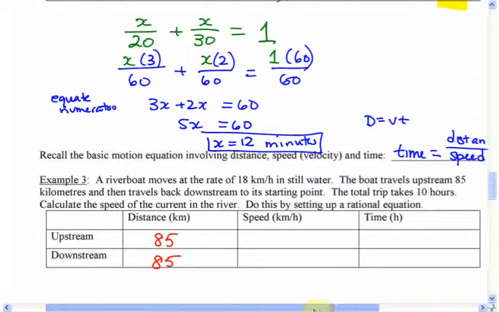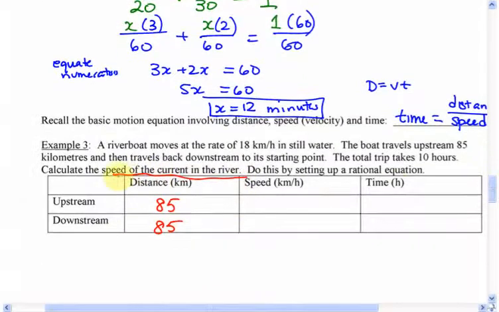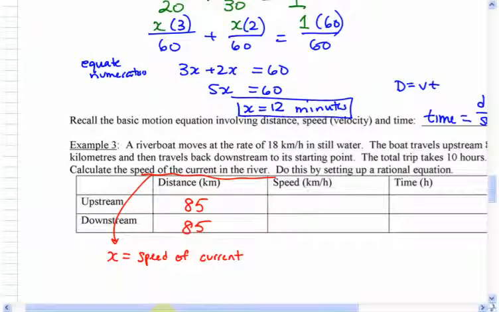So what I don't know right now is the speed of the current. Stuff you don't know in math, what do we do? Sure, let's let x equal the speed of the current. And what happens when you go upstream? I don't know if you've been in a boat paddling upstream. Is it harder or easier to paddle upstream? Why is it harder?